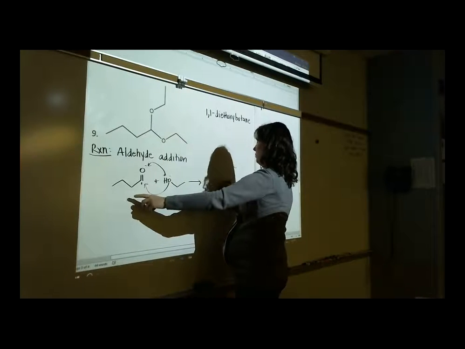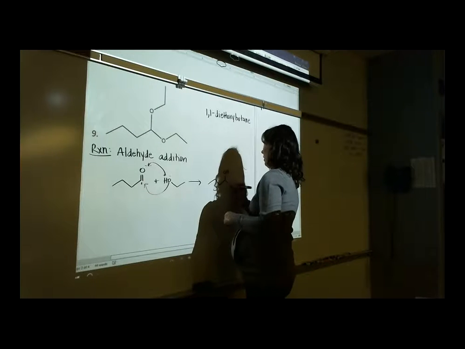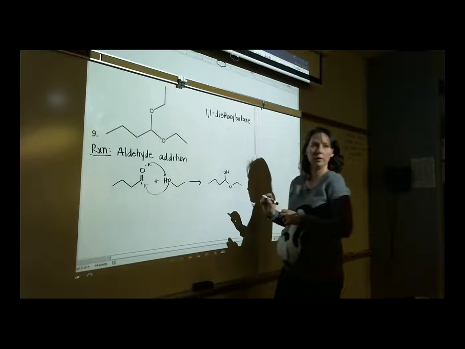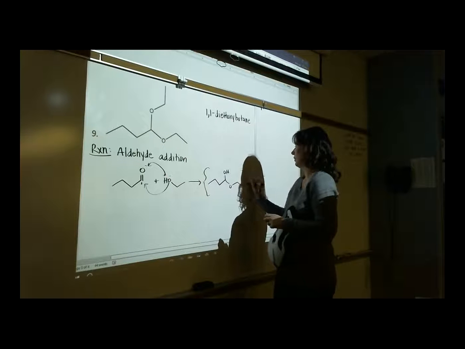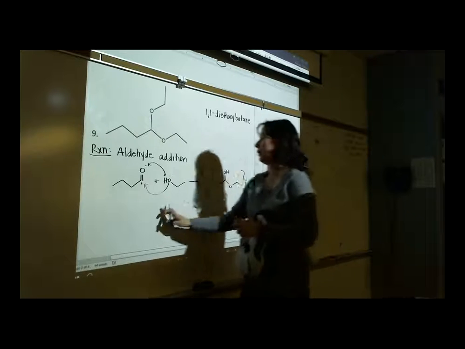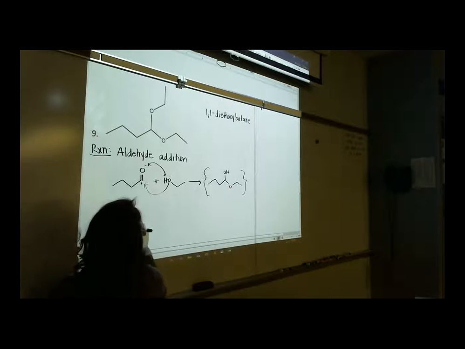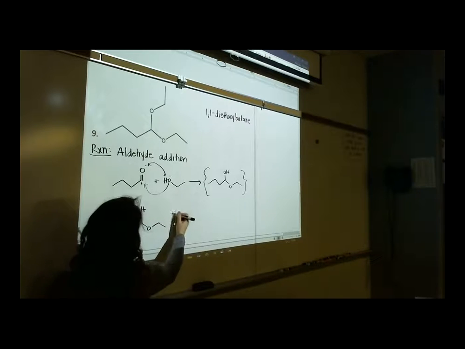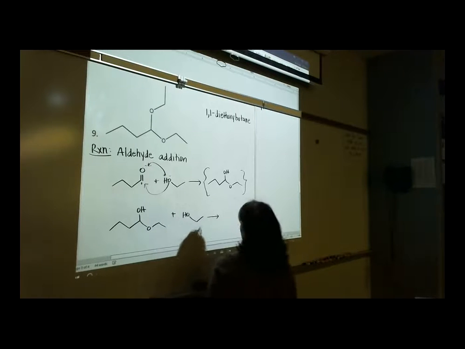This gives me my intermediate. So 1, 2, 3, 4. We get OH, and then we get O, 1, 2. Remember this? Yeah. That's the intermediate. And then we take our intermediate and we react it with a second alcohol. And we get our final product, plus H2O.